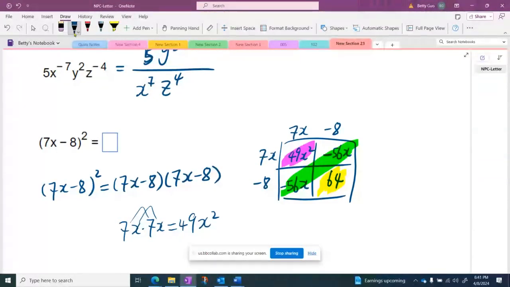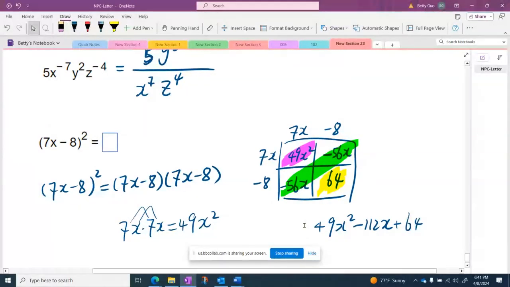From the pink, we have 49x squared. The two greens are like terms, we can combine them. Negative 56x and another negative 56x make a negative 112x. And the yellow, 64. And that's the result. You're going to type that into the cell.